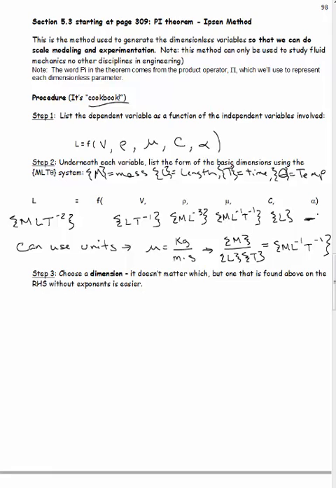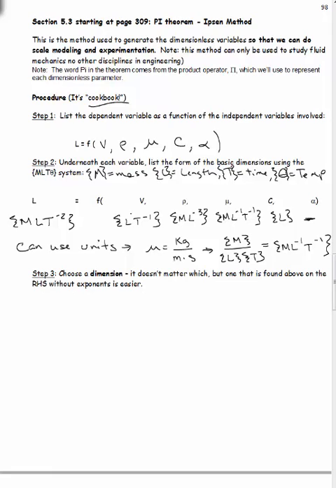Step 3, choose a dimension. Doesn't matter which one. So this is where your problem could vary from my solutions or from your neighbors. But it's easiest if you pick one that, looking at the right-hand side, doesn't have exponents in every term. Mass would be a good one here, or length would be a good one. I can see a couple that don't have exponents on them.